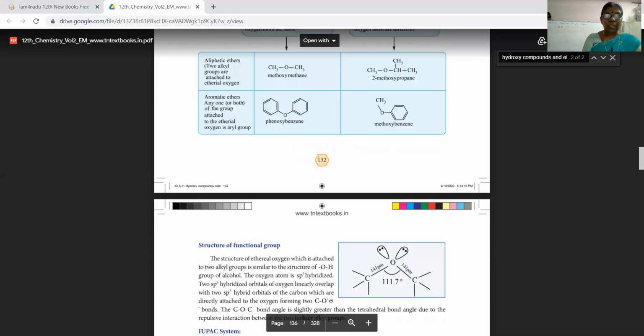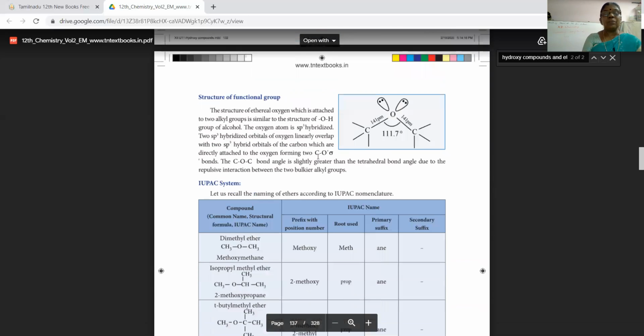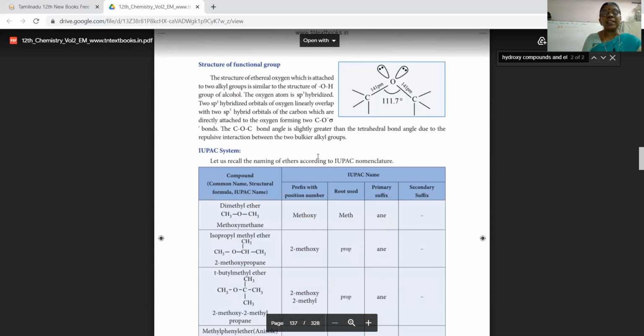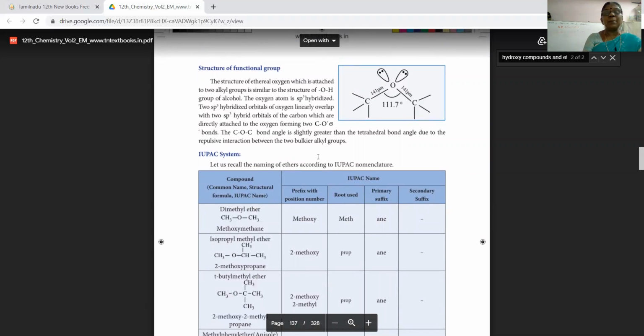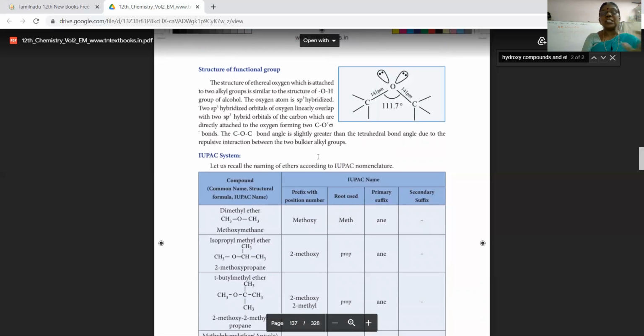Okay. Next we are going to see the structure of the functional group. The structure of ethereal oxygen which is attached to the two alkyl groups is similar to the structure of the OH group of alcohol. Here the oxygen atom is sp3 hybridized.